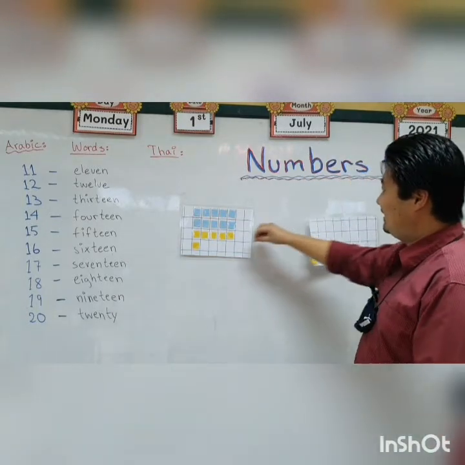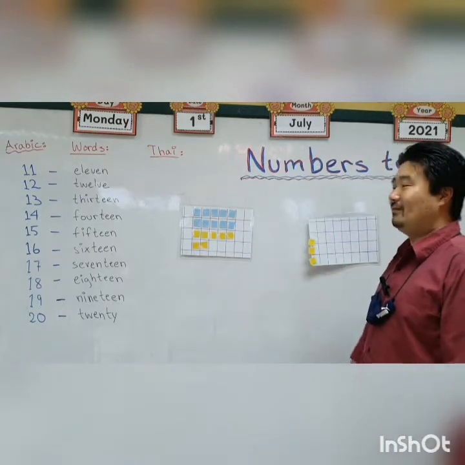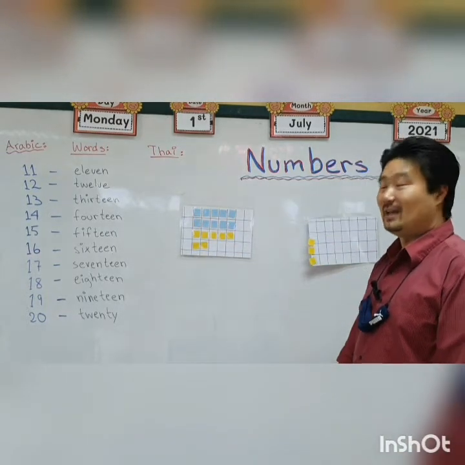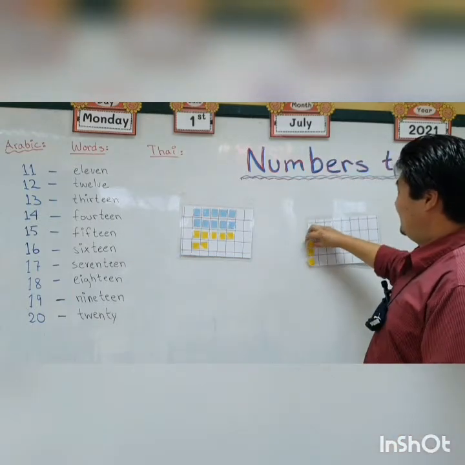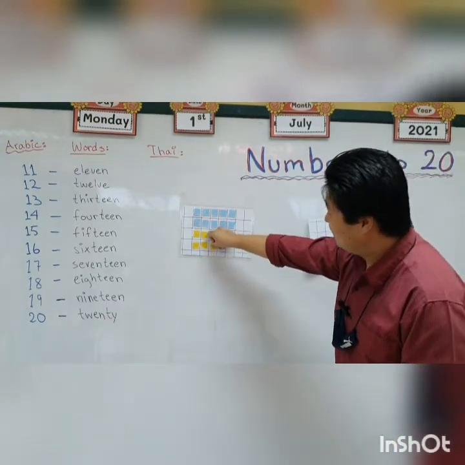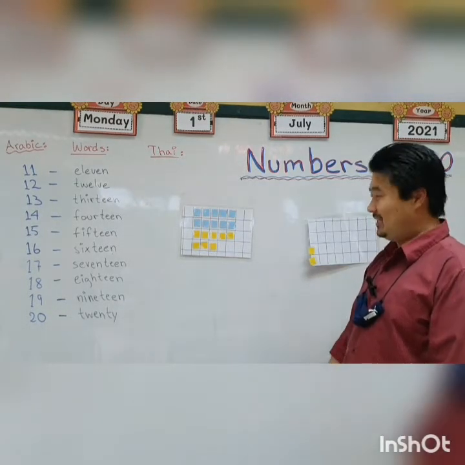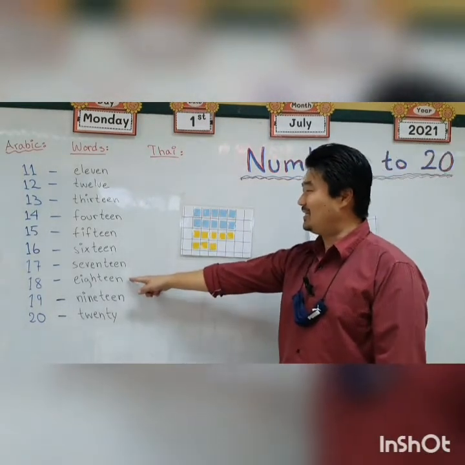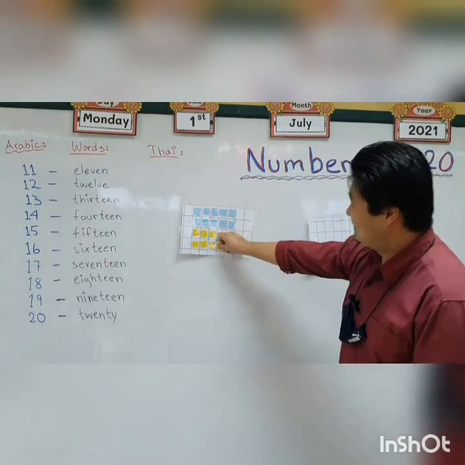And another one. Now how many do we have? 17. Yes. And one more. Now 18. You are correct. 18. And one more.